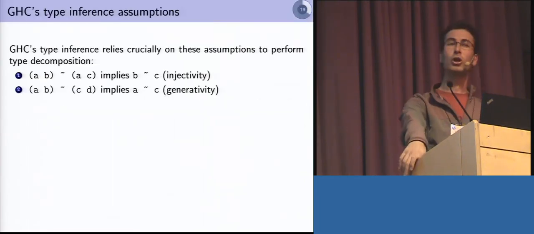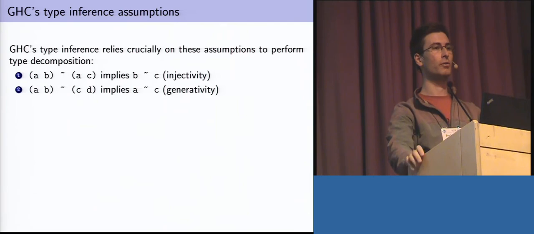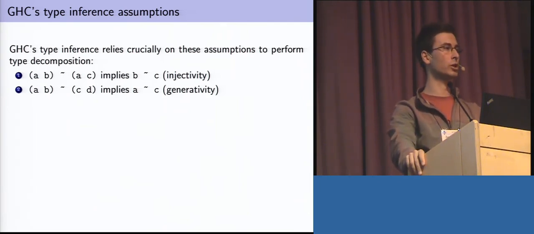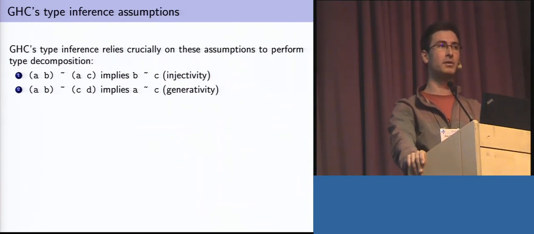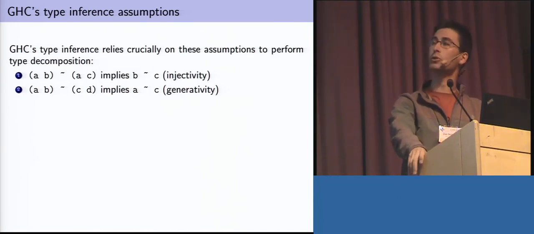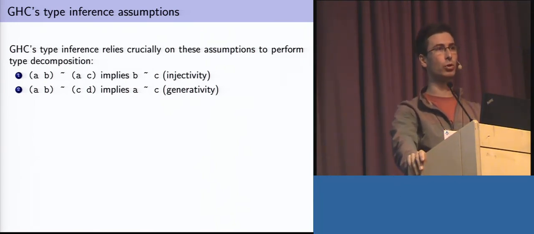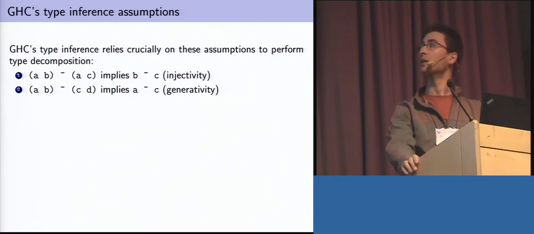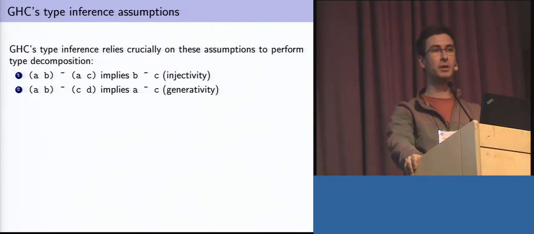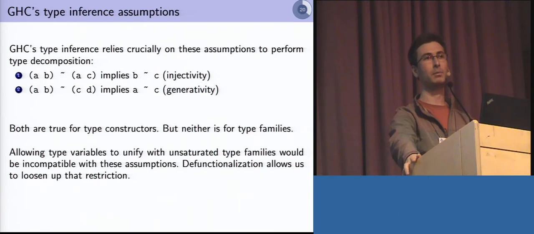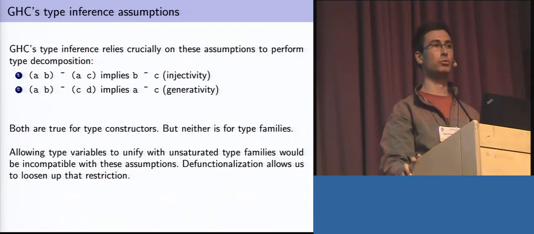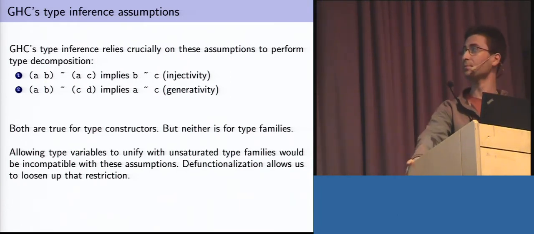The thing is that GHC's type inference relies on these two assumptions to perform type decomposition. First assumption is injectivity, which says that if A B unifies with A C, then this implies that B must unify with C. The other assumption, which we call generativity, says that if A B is to unify with C D, then this implies that A must unify with C. Both of these assumptions are true for type constructors, but neither is true for type families.